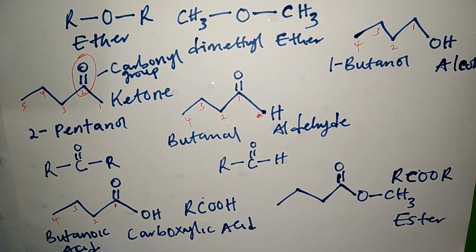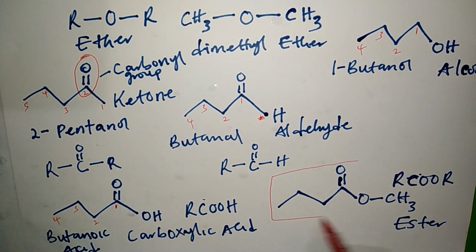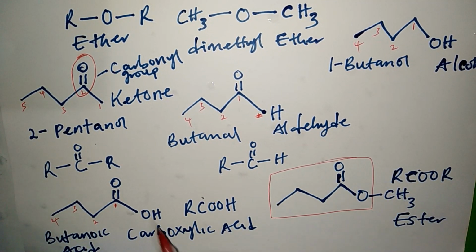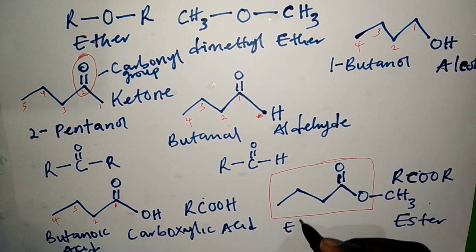Esters. Now, to name these esters, the ethanoate part is the same as this one here, but now it has a carbon chain on this other side. So to name this part, you name this one as ethanoate.